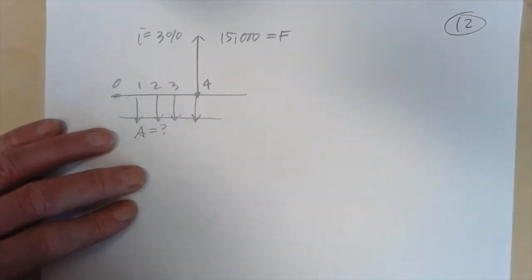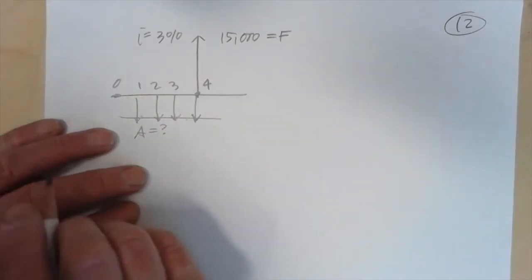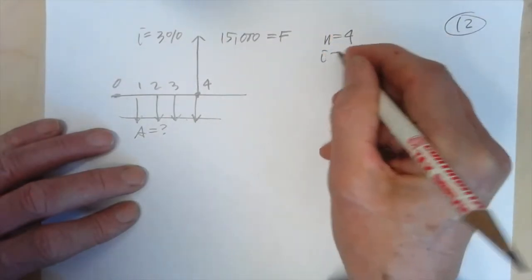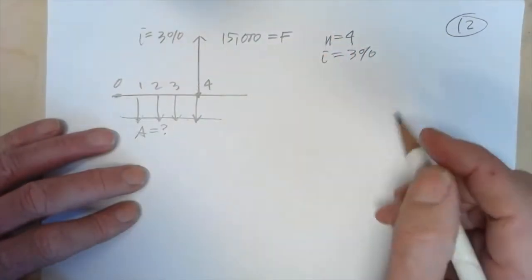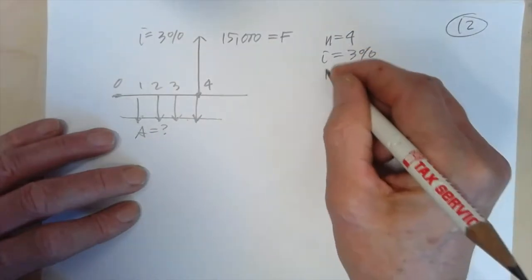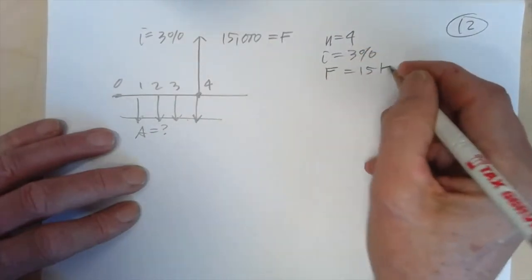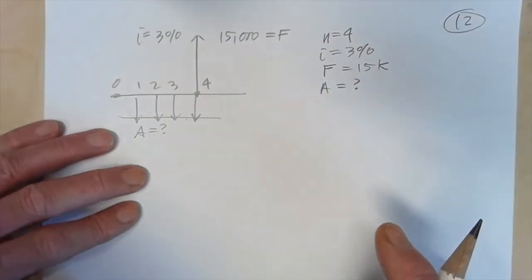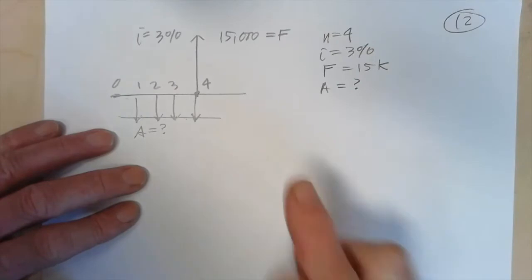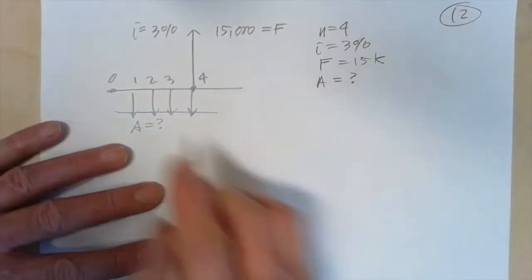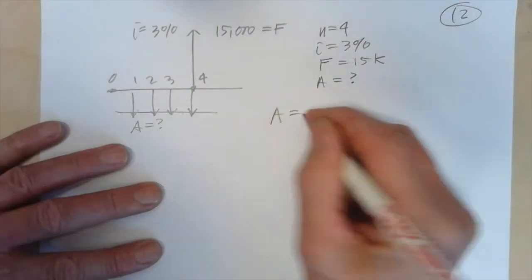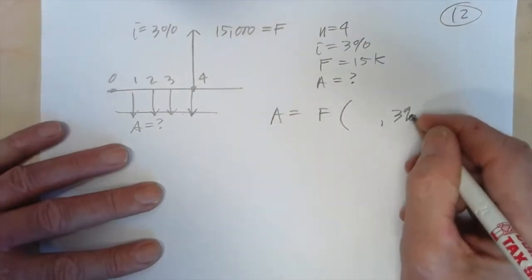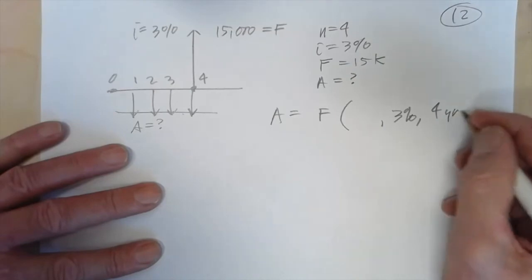All right, so do we have all the components of a cash flow diagram? We have N is equal to 4, we have I is 3%, and we have an F, which we know is 15K, and A, we do not know. All right, so how do we calculate A? Well, very simply, we're going to do this. A is equal to F times A over F, 3%, 4 years.